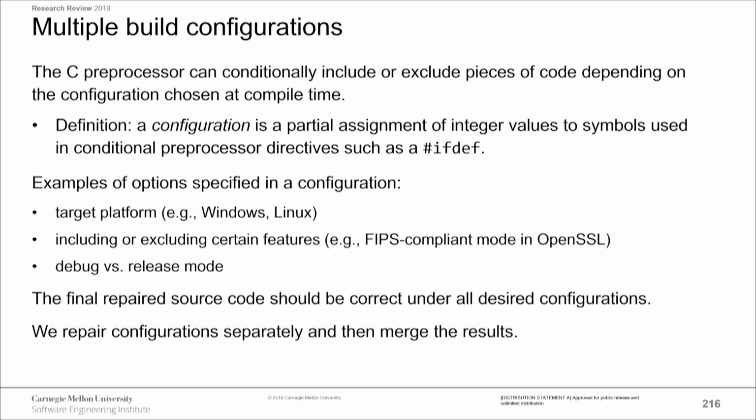However, most static analysis tools, including ours, work on a single configuration at a time. So we repair each configuration separately and then merge the results in such a way that guarantees that the merged result produces the same semantics as it would under each individual configuration.